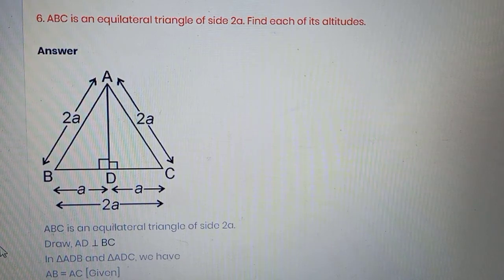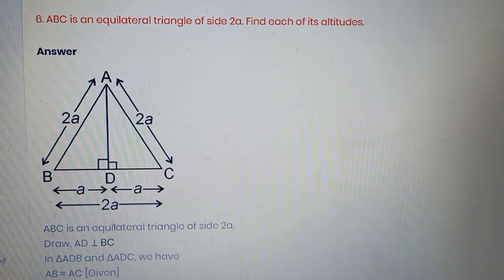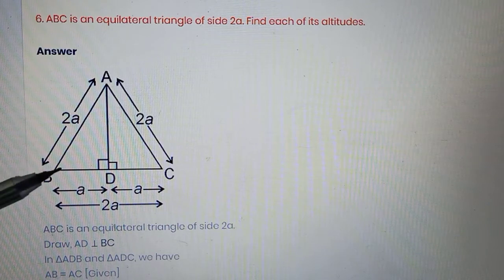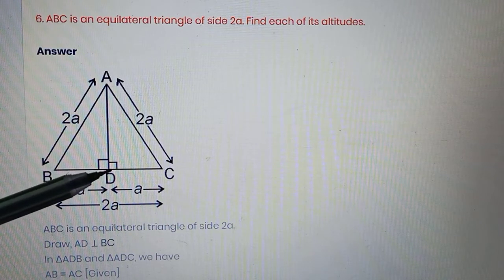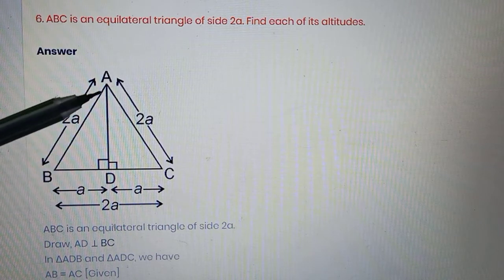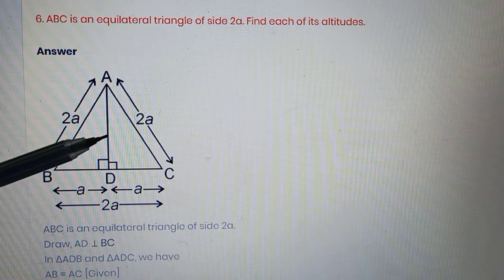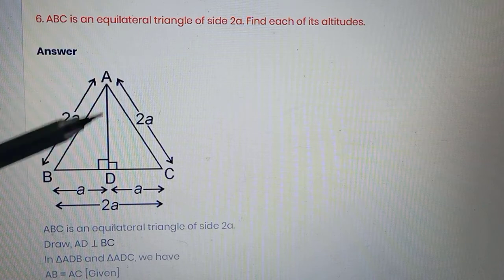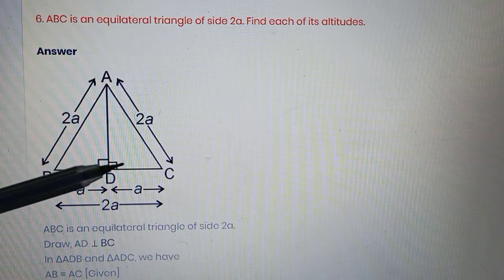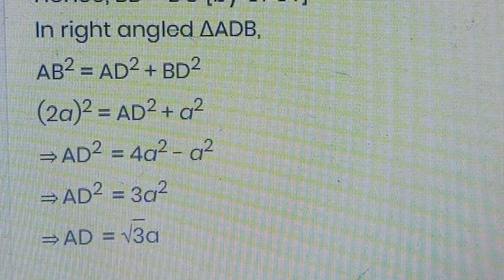So whichever way. All right, so if the figure is clear, then you can also see that we have got right angle triangles in which we can apply Pythagoras theorem, because our aim was to find this altitude AD. So we know AC, we know DC, we can find the third side easily. Either choose this triangle ADB or maybe ADC, anyhow, any side.